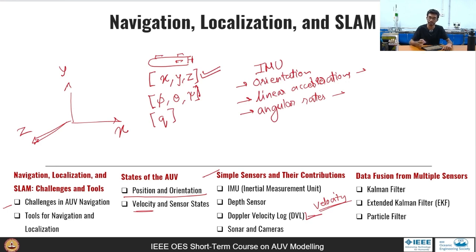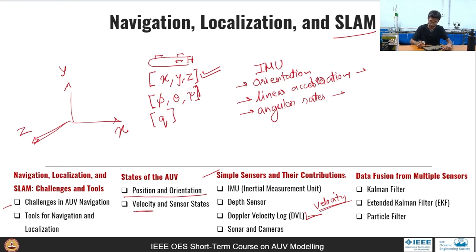This is more stable and can be integrated to give our position estimates in a more reliable manner. Along with that, an AUV can also use sonar and camera sensors for looking at objects in its vicinity and using that information to localize itself. This will typically be present in SLAM modules or simultaneous localization and mapping modules and are content for a higher and challenging area of research.